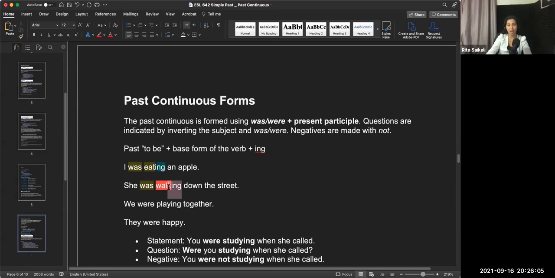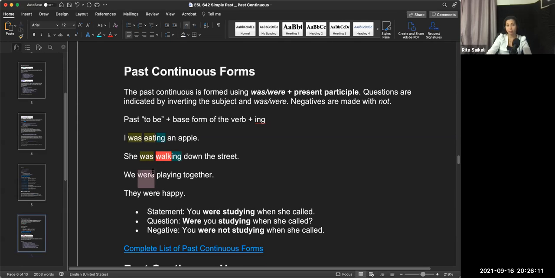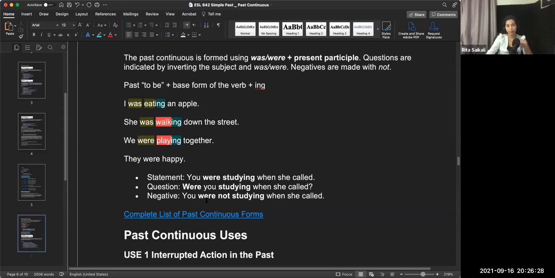And then ing ending. Cool? We were, past tense of to be. Play is the base form of the verb to play, and then the ing ending, always the same. Cool? All right.